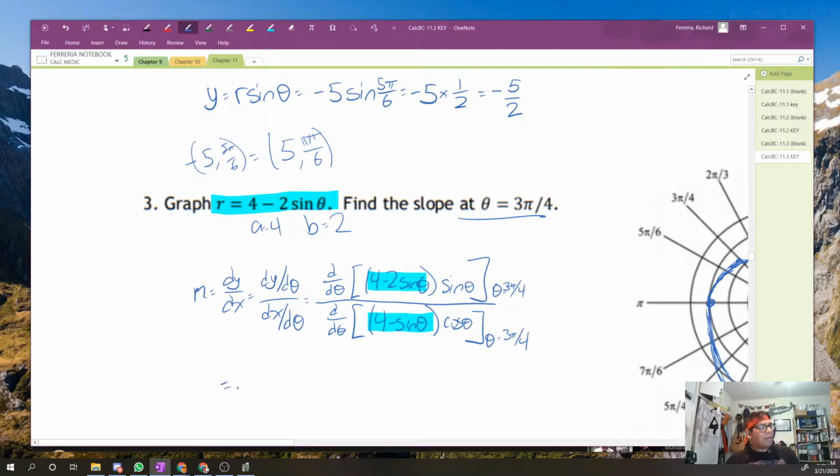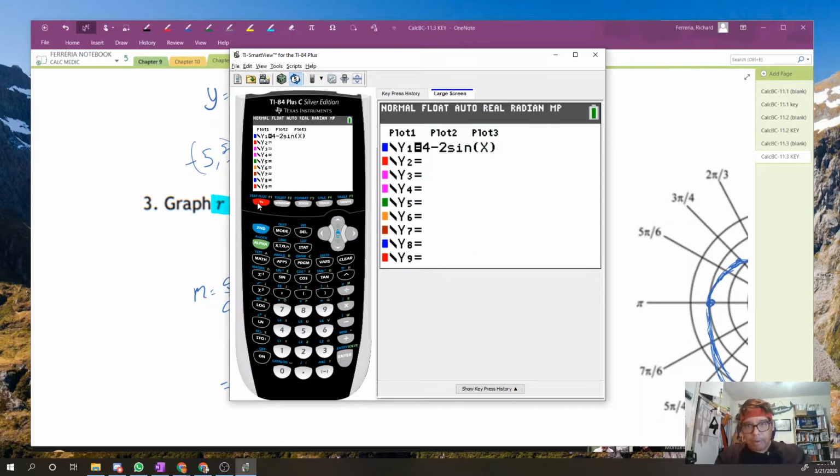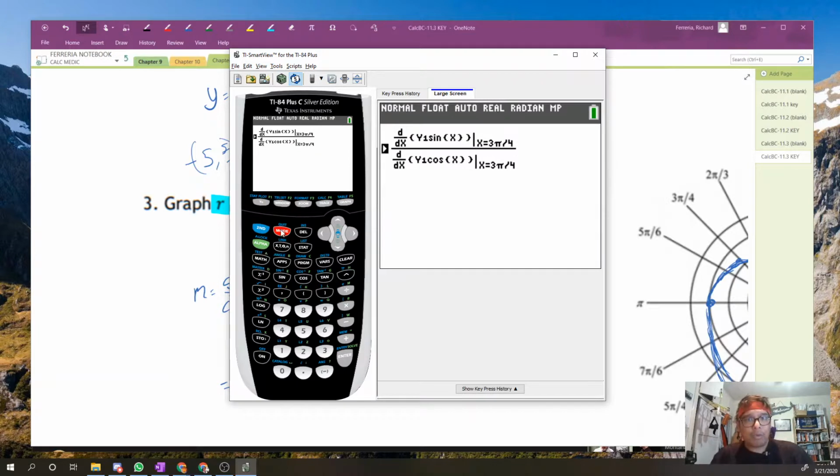And, time to pull out that calculator. So through the magic, here we go with our calculator. Notice that I put in the equation of the radius, 4 minus 2 sine theta, in y1, and going to the home screen, I've got the derivative of y1 sine theta over the derivative of y1 cosine theta, and all my calculator is waiting for me to do is push enter.